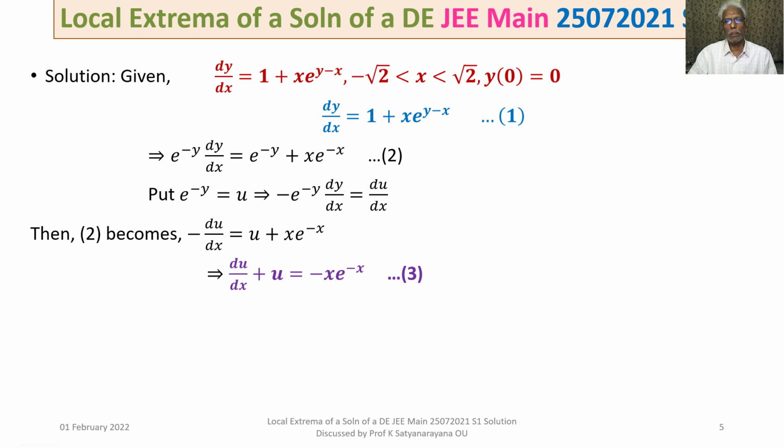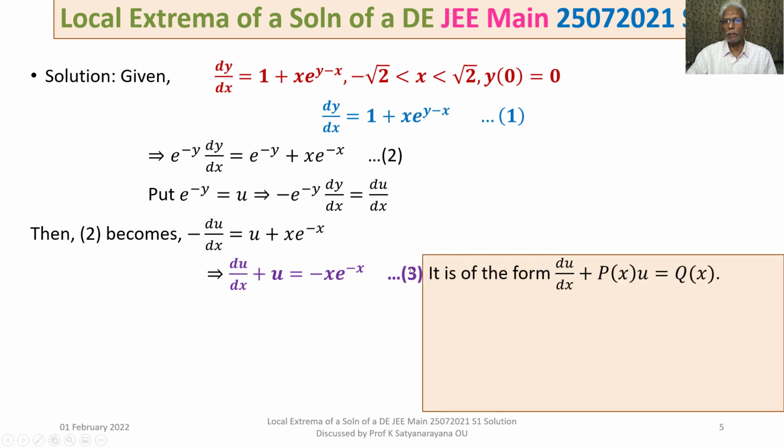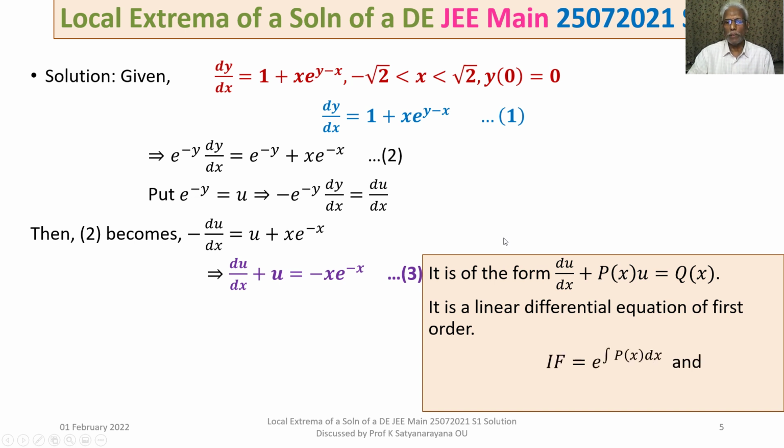And look at this differential equation carefully. We see that it is of the form du/dx + p(x) u = q(x), a function of x. What is this? It is a first order linear differential equation. And to find the solution of it, we find the integrating factor.